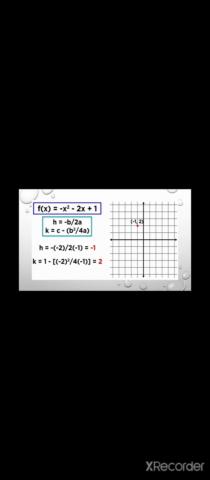We add that inside the parenthetical term, but we must realize that we're really adding a times this term since a is multiplying across this sum, which means we also have to subtract b squared over 4a elsewhere in the expression, so that we don't change the value of the expression.